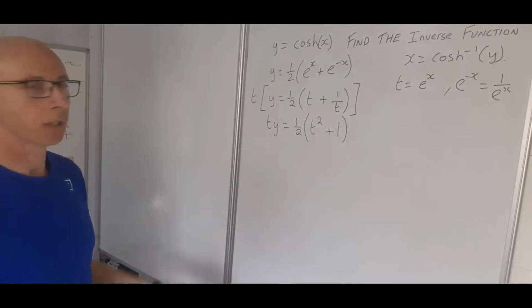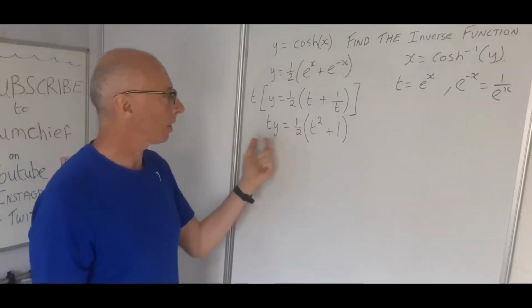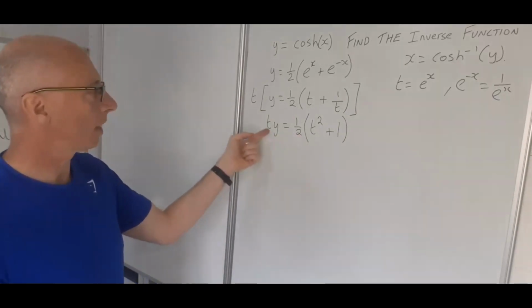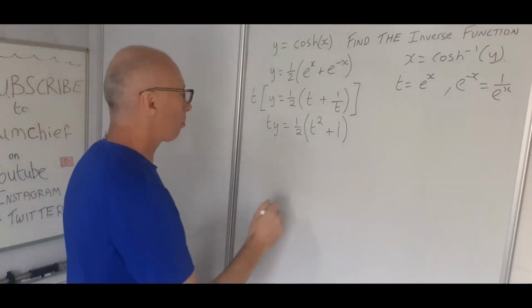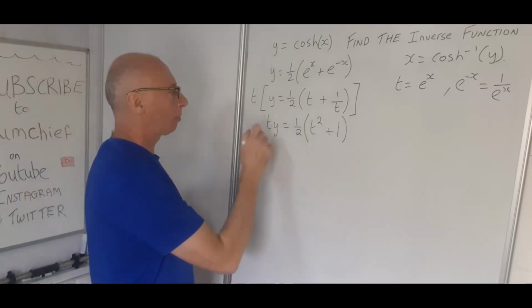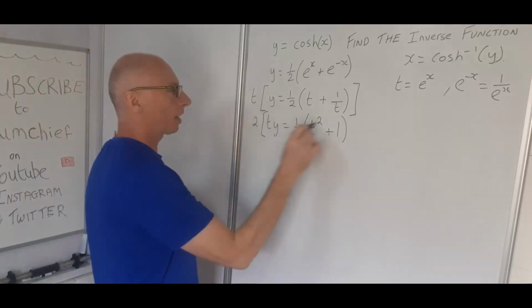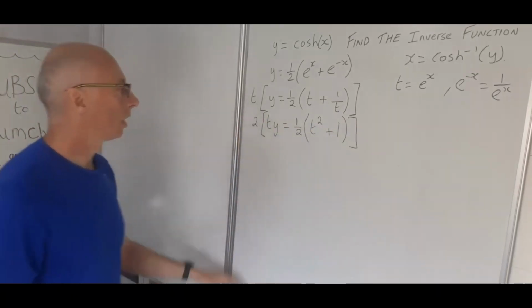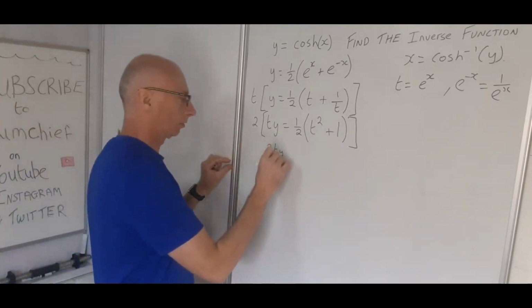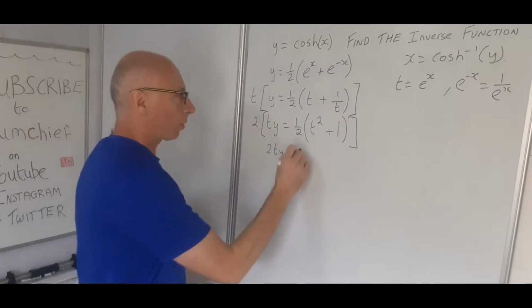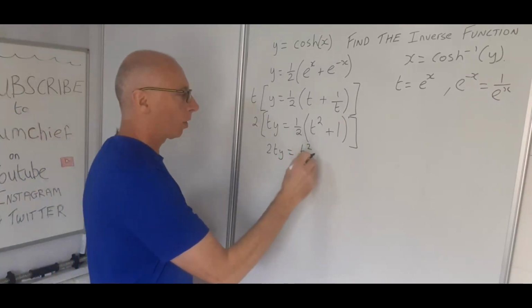Now it looks like we're going to get some sort of quadratic formula. We've got a t squared, a t, and a constant. So let's get rid of this bracket and multiply everybody by 2 at the same time. Then we get 2ty equals t squared plus 1.